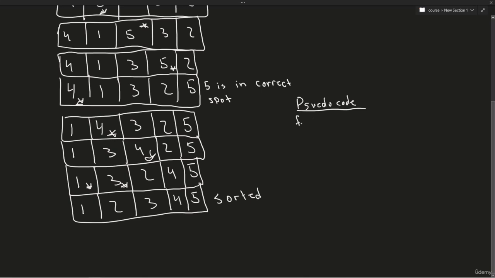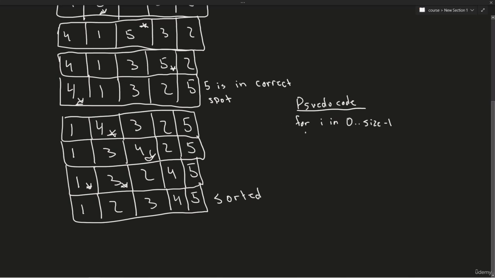So we'll say for i in 0 to size - 1, and then we're comparing it with all the elements adjacent to it.